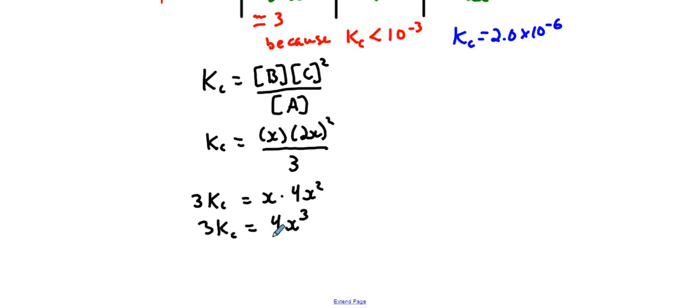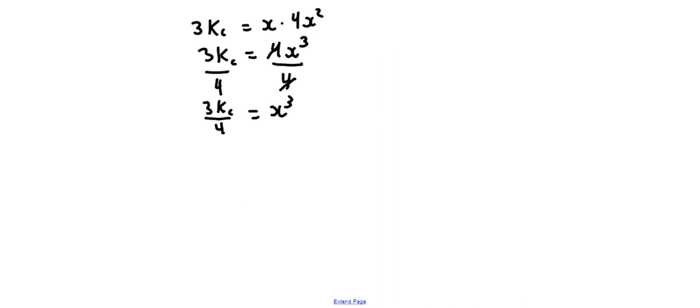Let's get rid of this 4 on both sides. We'll divide by 4, which will cancel it on this side, which is great. And what we're left with here is 3 Kc over 4 is equal to X cubed. Now, in order to solve for X here, we're going to have to take the cube root of both sides. And in doing so, I'm going to move my X onto the left side by convention here.